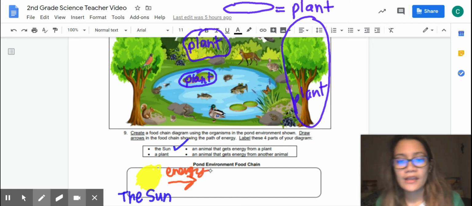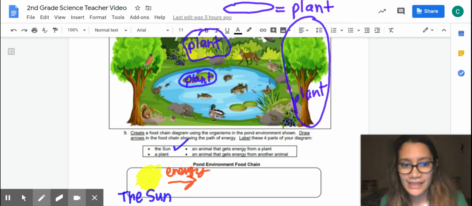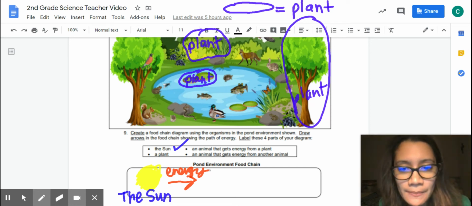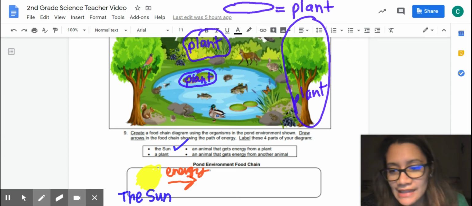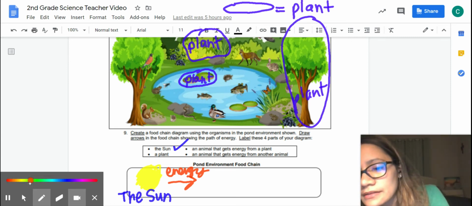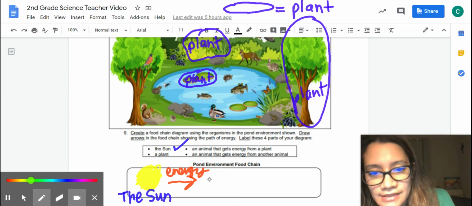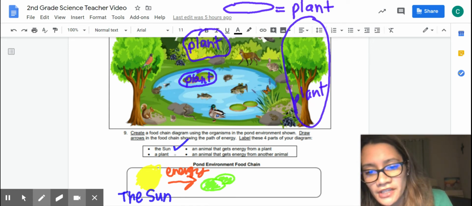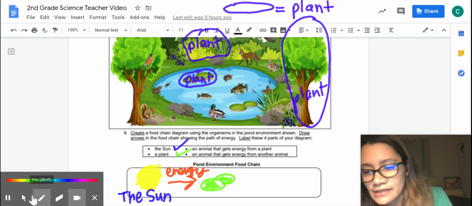That's energy. And I'm going to pick a plant from this pond environment. I'm going to pick that lily pad. That lily pad in the pond looks easy to draw. It's just 2 ovals. Okay. Check. And that is a plant.